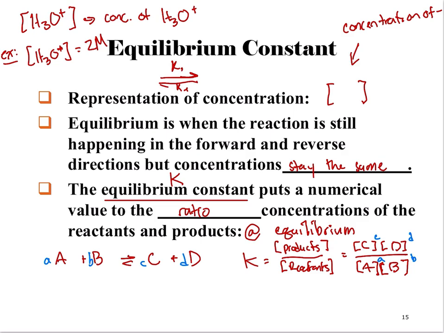And so if we increase the product, so remember when we talked about movement across the membrane, if we increase concentration outside of the membrane, stuff will want to move inside to make the concentration equal. It's the exact same idea here. It's the same law of mass action, except instead of across the membrane, we're moving across a chemical reaction arrow, right? If we add more products, the reaction is going to make more reactants so that the ratio stays the same.